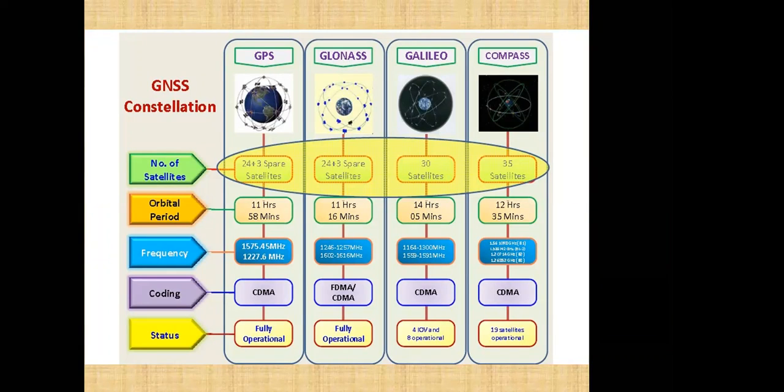Now, the spread spectrum technique: GLONASS earlier was using FDMA, but designing a receiver for an FDMA type of signal is a little bit challenging, so now they are shifting towards CDMA. GPS uses CDMA, Galileo also has CDMA, and Compass also has CDMA. GPS and GLONASS are currently fully operational. Galileo is partially operational, and Compass will be globally operational by 2020. Next.